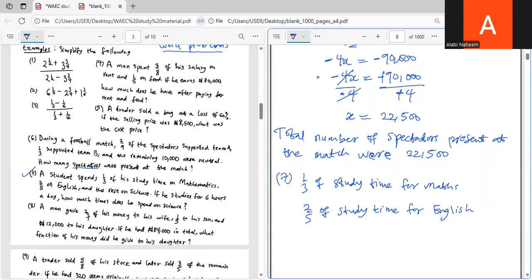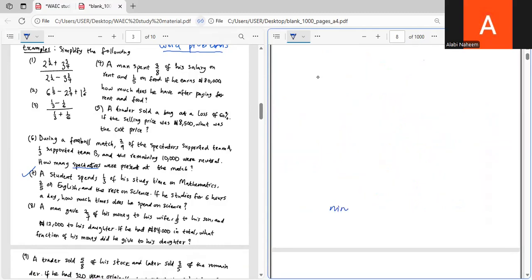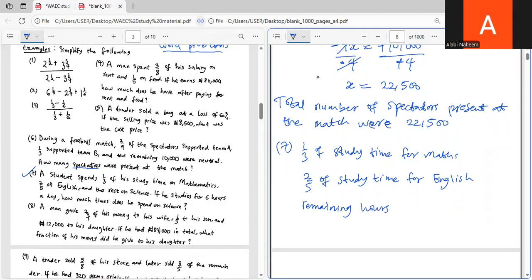And the rest on science. So the remaining hours are for science.